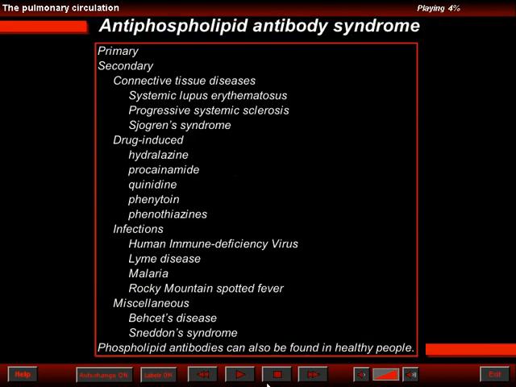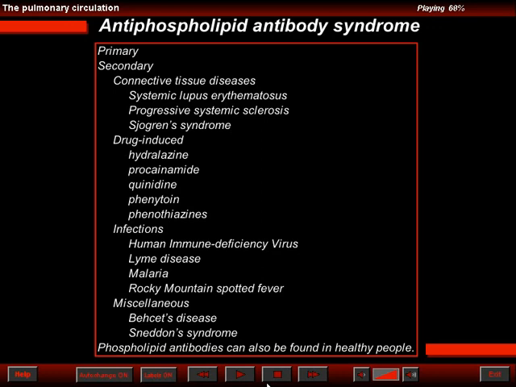Antiphospholipid antibody syndrome. It can be divided into primary and secondary. The secondary forms include connective tissue diseases such as systemic lupus erythematosus, systemic sclerosis, that is scleroderma, and Sjogren's syndrome. The drug-induced forms are related to products such as hydralazine for treating high blood pressure, procainamide, that is an antiarrhythmic medication, quinidine, phenytoin, phenothiazines.